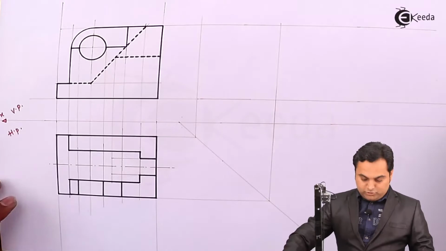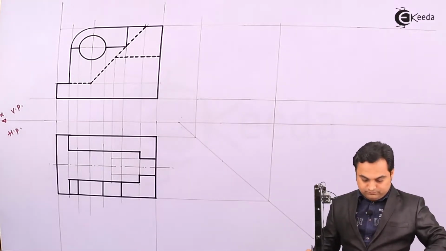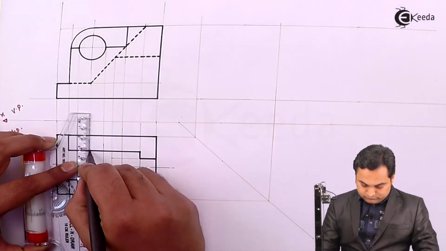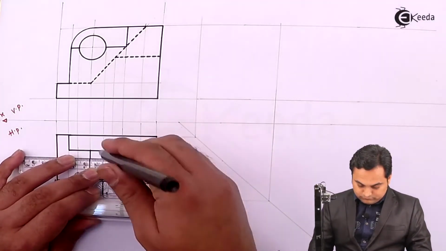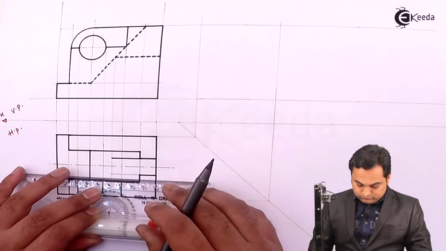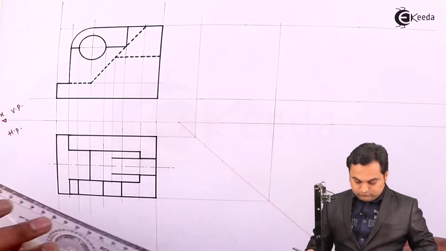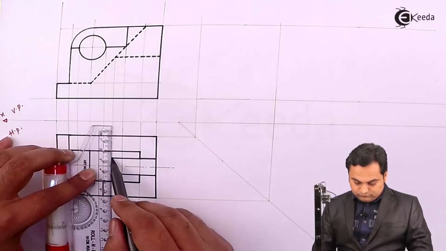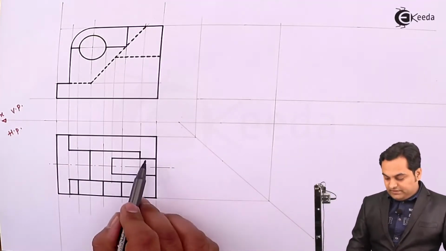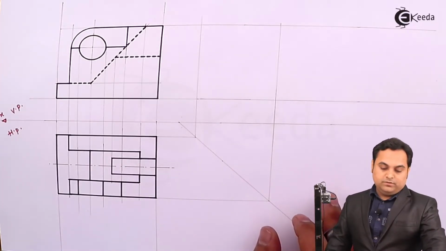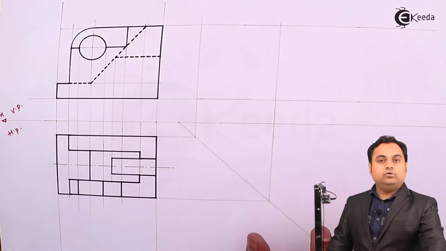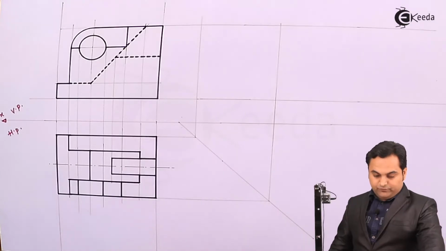Then I'll make the slope dark. So this rectangle is seen and the slope is seen from the top. Then I can say that only this much is the visible portion in the top view.